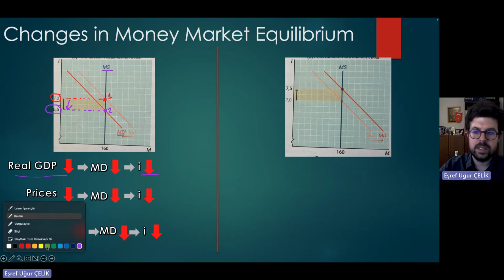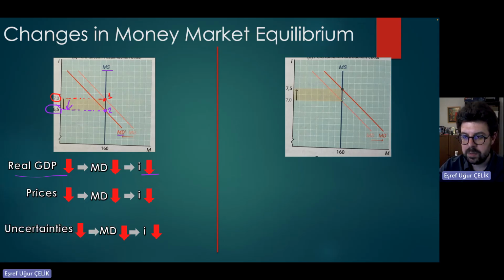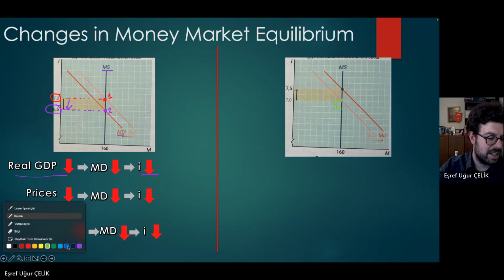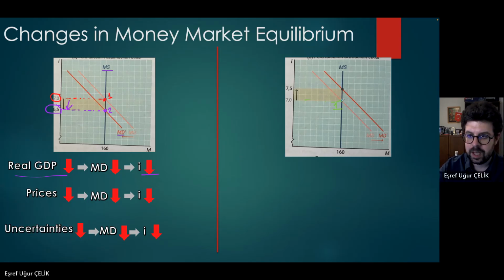Let's look at the other part. Where is the first point? It's over here. This is the first intersection point. You see over here.